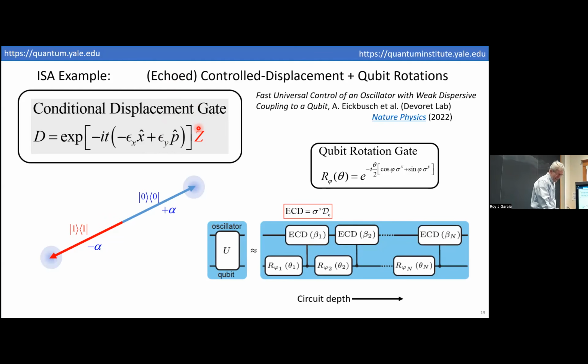And then I have these arbitrary rotations on the qubit around some axis on the equator of the Bloch sphere, which I showed you before was sufficient for qubit control.